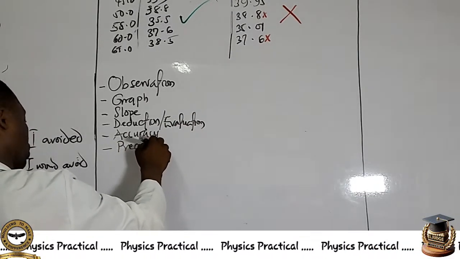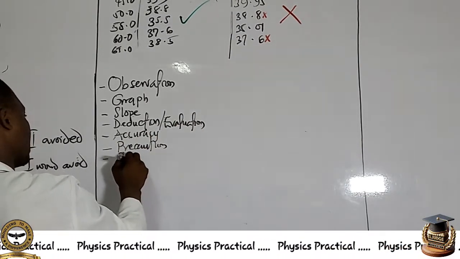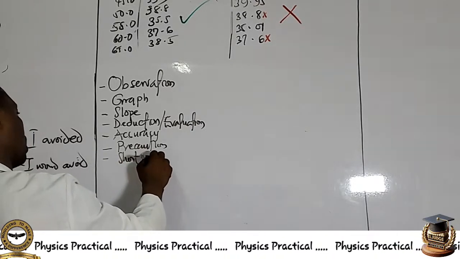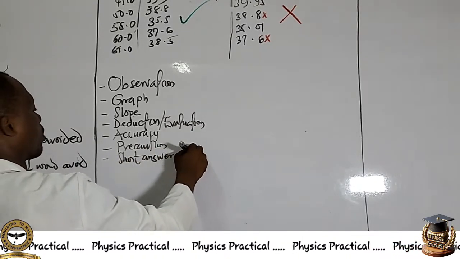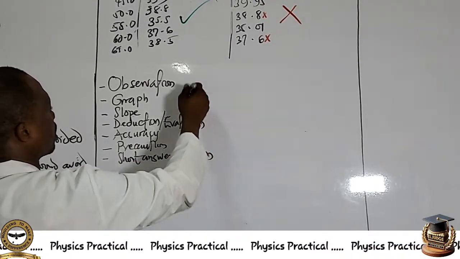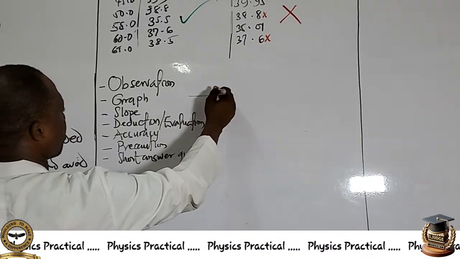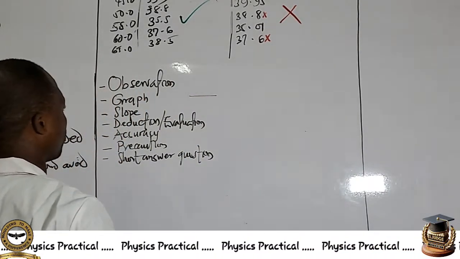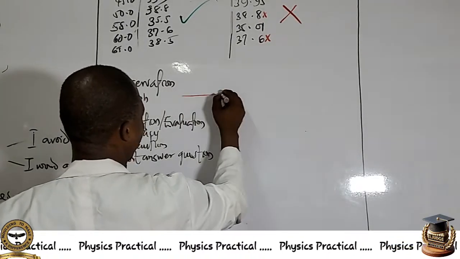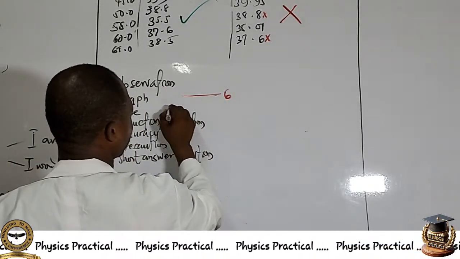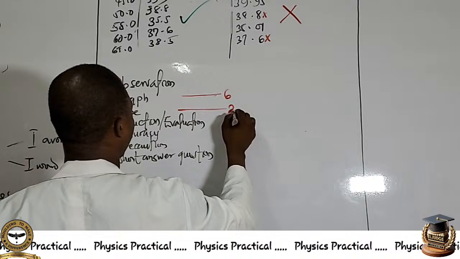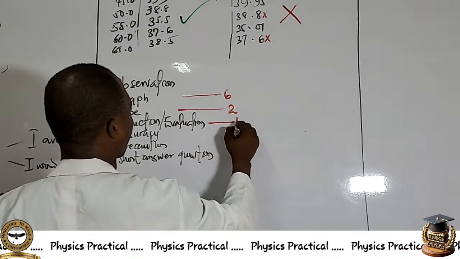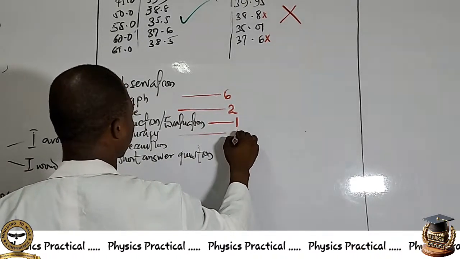precaution, and short answer questions. Let me show you how the marks are always distributed. This most times carries 6 marks. This carries 2 marks. This carries 1 mark or 2. This also carries 1 mark.